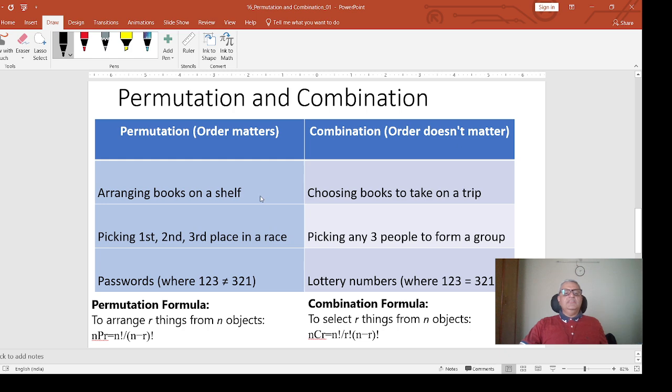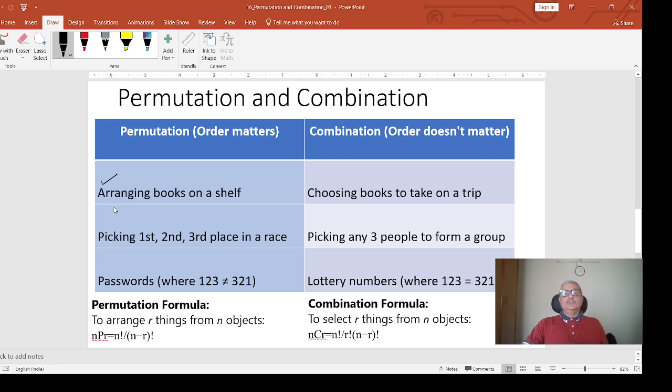Let's quickly look at different examples and also the formula for both permutation and combination. One real life example is arranging books on a shelf. Say you have 25 books and you are asked to arrange them on a shelf which has 10 slots.